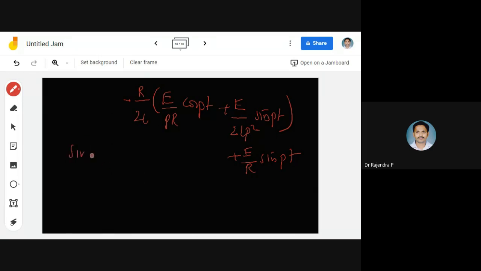Again, if you want, you can reduce some more. Since R by L is very small, wherever R by L is there, we can make it 0. So the I value will become only this term. Here also, P means nothing but 1 by L square.